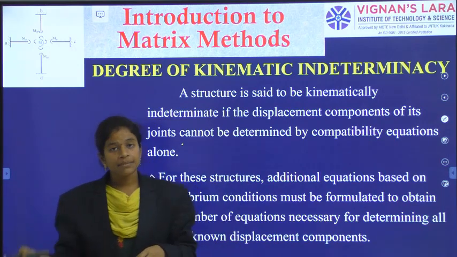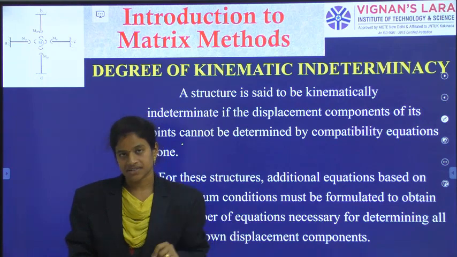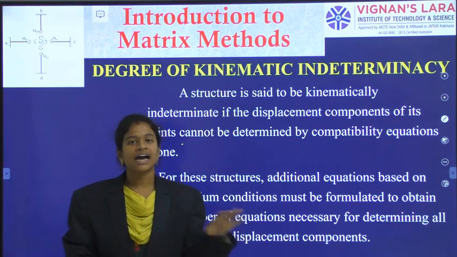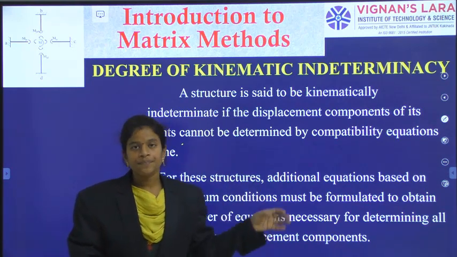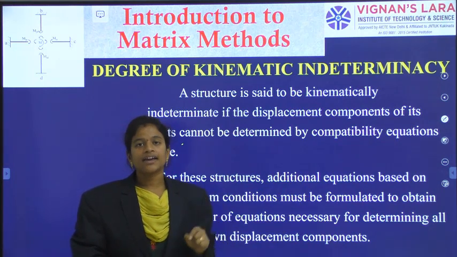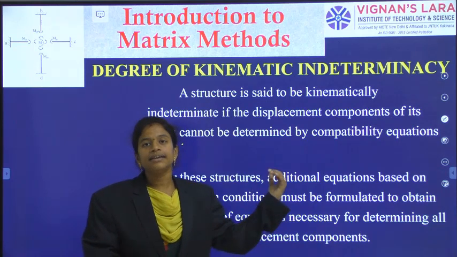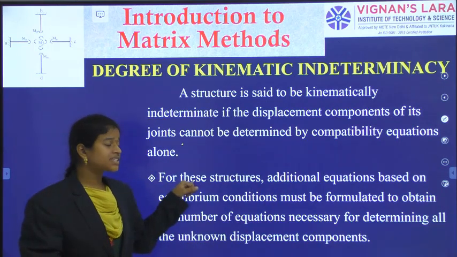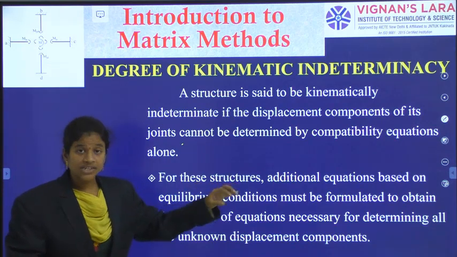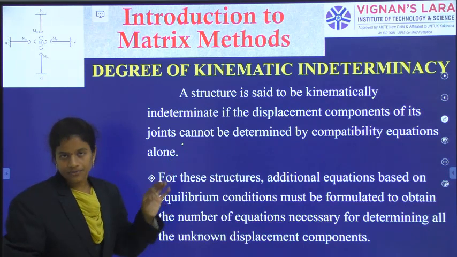If the compatibility equations were there and also I can't calculate the displacements, slopes and rotations using the available compatibility equations, then we can call the structure kinematically indeterminate. For such type of structures, additional equations based on the equilibrium conditions must be formed.